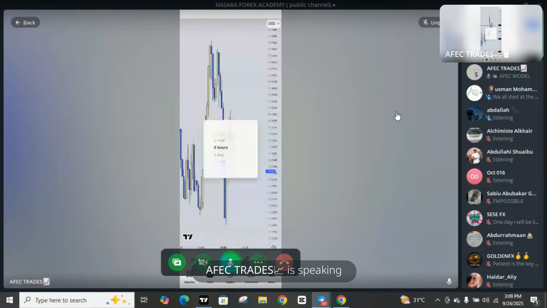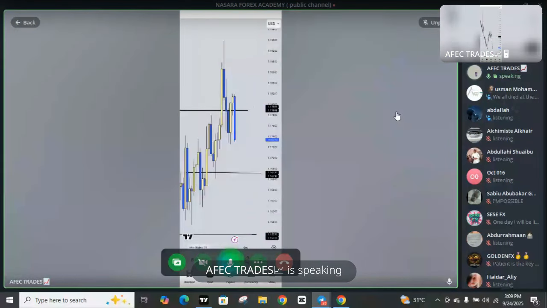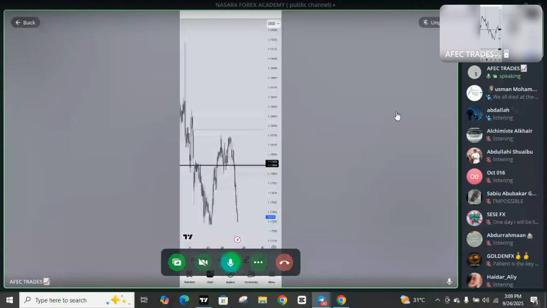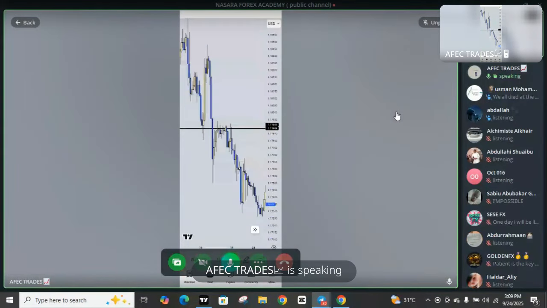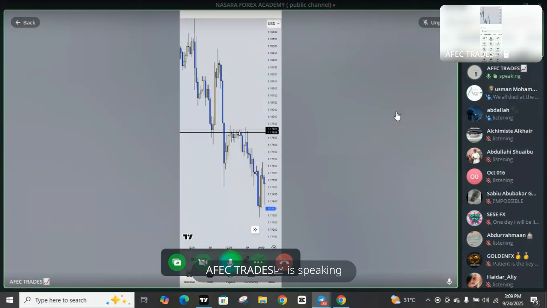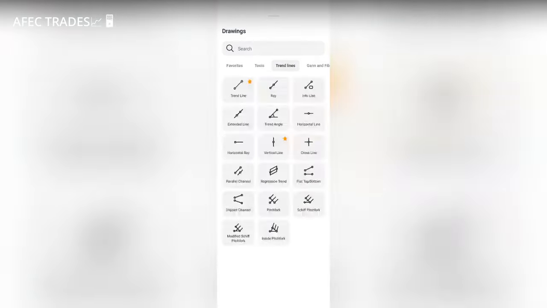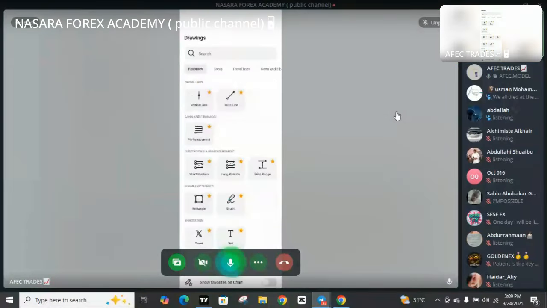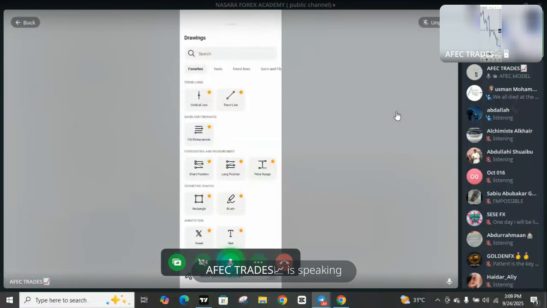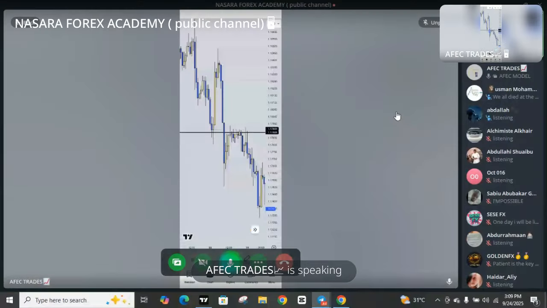So going into the 1 hour chart, this is where the price closes into the range. We can see this is when the price goes back into the range, right?